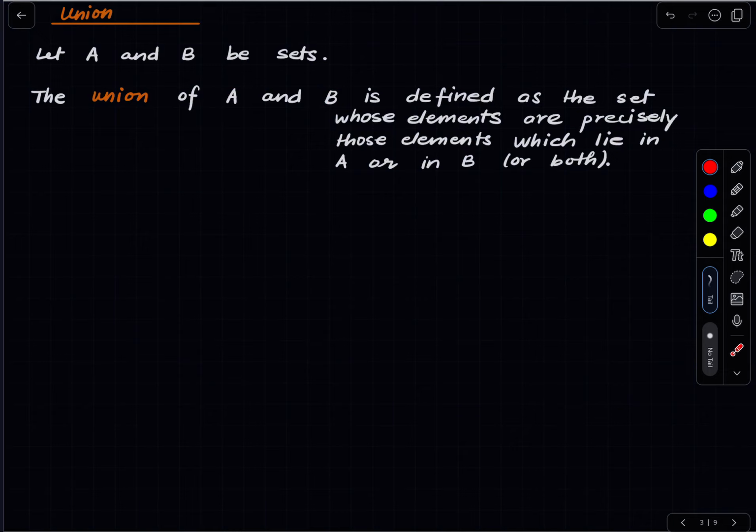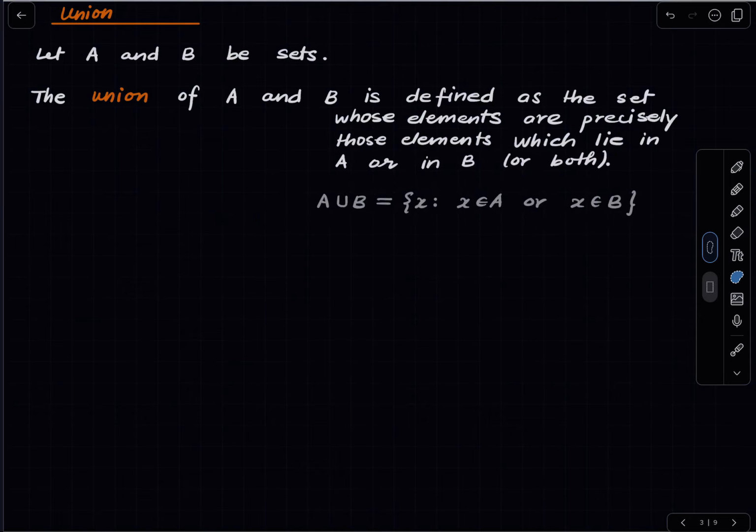So in the set builder form, one can write the union as this set. Those elements which are in A or which are in B. Or both. So this is the set builder form. And what is the notation for the union? The notation for the union is we write the set A, we make a cup, and we write B. That's the notation.